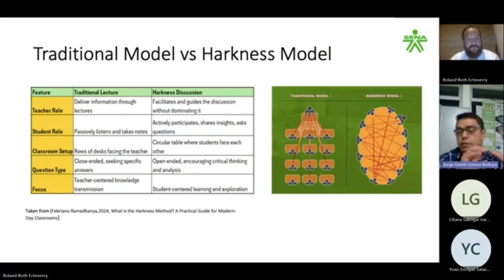The setup is where the students are sitting at a round table, facing each other, and the questions are open-ended, which encourages critical thinking and analysis. As we can see in the picture, we see the traditional model, the way they are sitting, and the circular way that is the Harkness model.